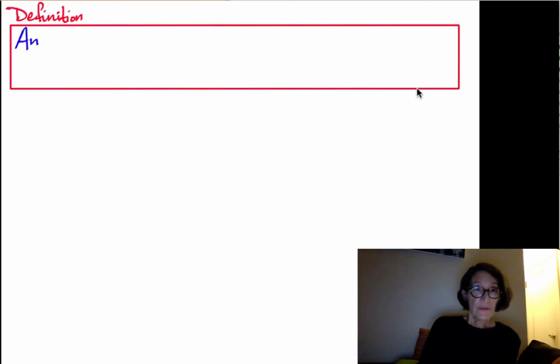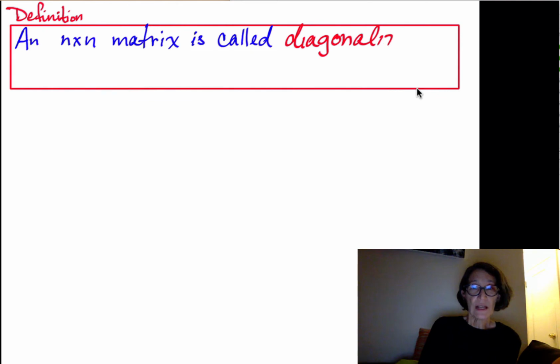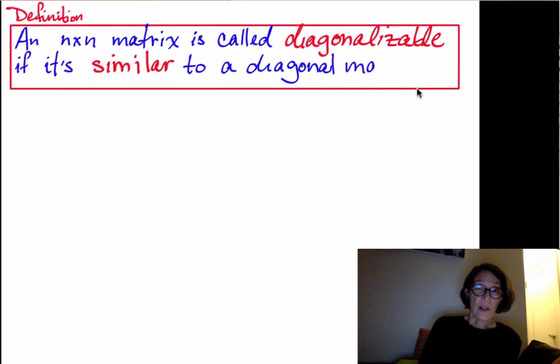So the definition is this: an n by n matrix is called diagonalizable if it's similar to a diagonal matrix. For example, the matrix that we saw in the previous video was similar to a diagonal matrix, so that was a diagonalizable matrix.